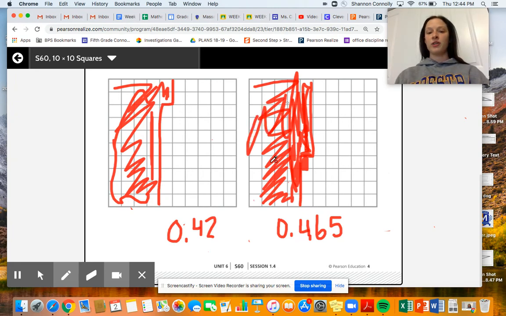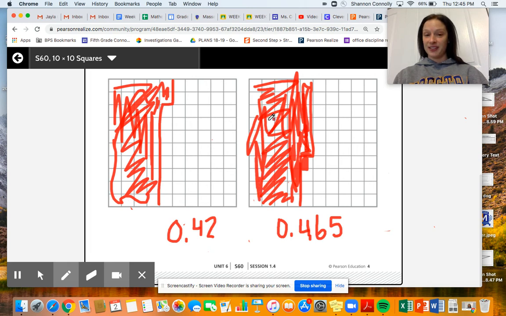So I have 465,000ths. I'm looking at this and I know it looks really crazy because I'm not good at shading on the computer. When we look at Miss Conley's crazy shading, I can clearly see that 465,000ths is greater than 42 hundredths.